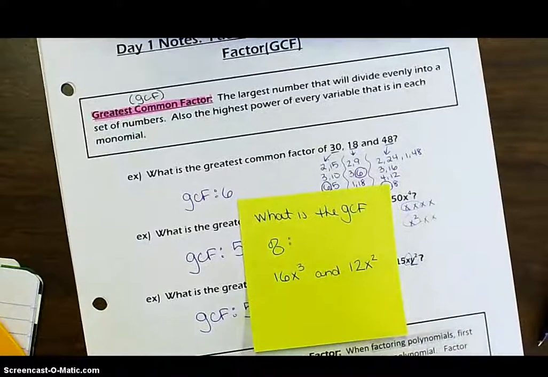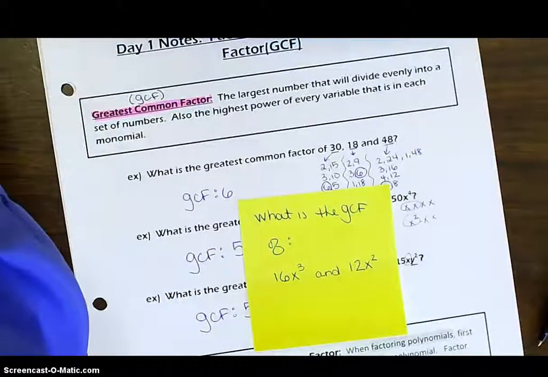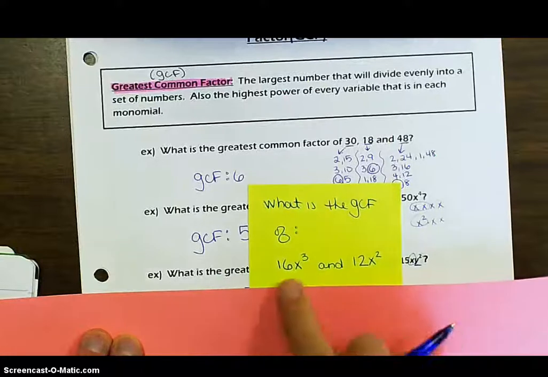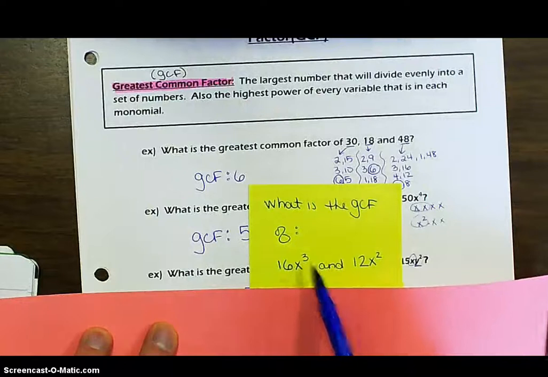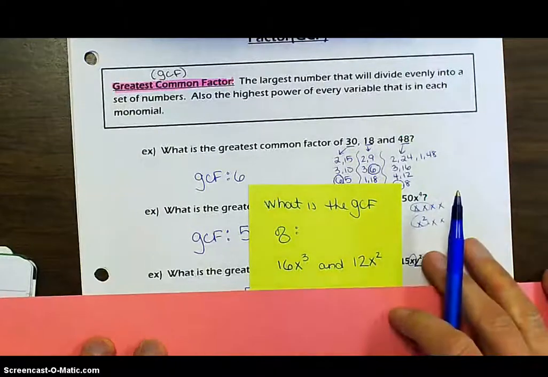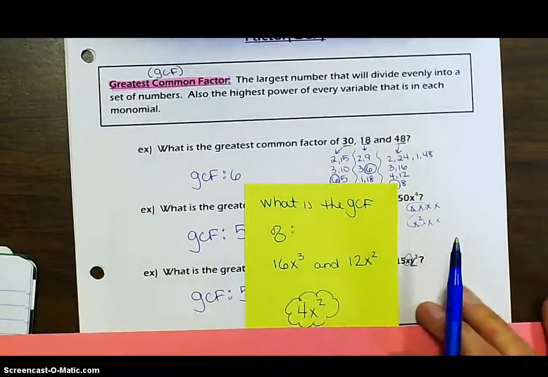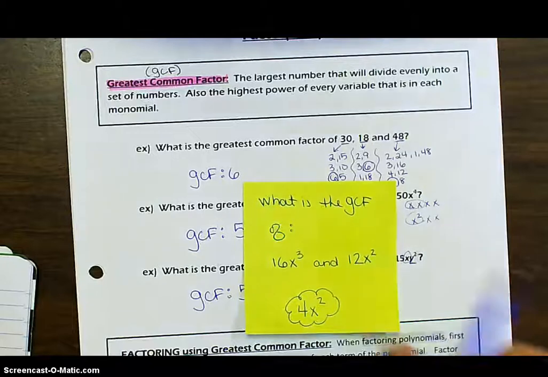Go ahead, pause your video, and figure this out. All right, if we think of a number that goes into 16 and 12, the biggest number is 4. And then if you look at the variables, x to the 3, x to the 2, they have 2 x's in common, so 4x squared.